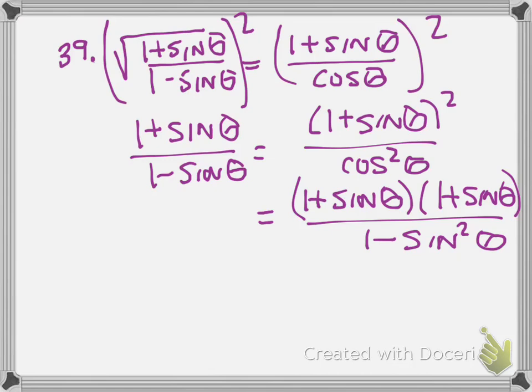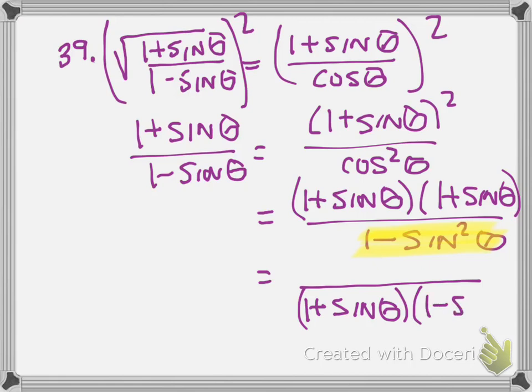So it looks like we're very, very close to the left side. The only thing we have left to do is we want to fix the denominator. So if you notice, 1 minus the sine squared of theta is the difference of perfect squares. So I can rewrite that. My denominator is going to look like this: 1 plus the sine of theta and 1 minus the sine of theta.